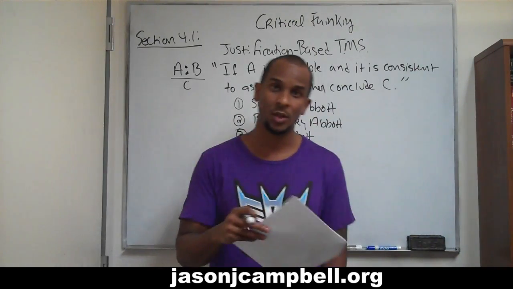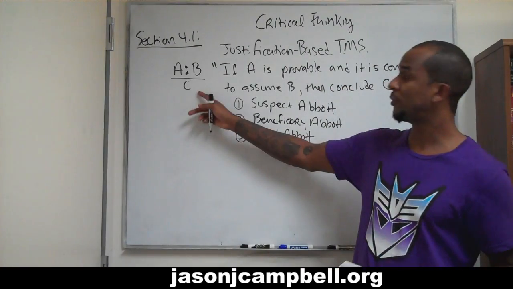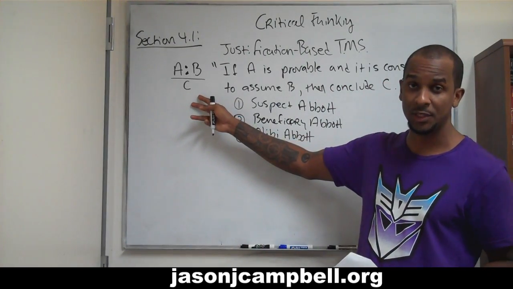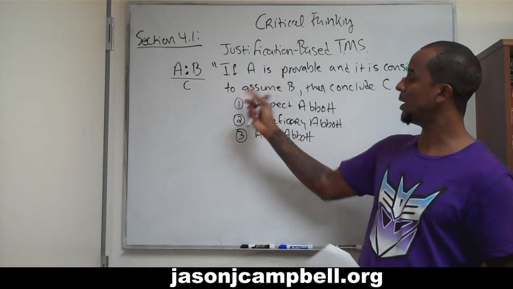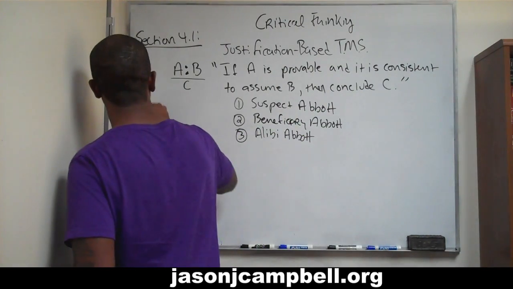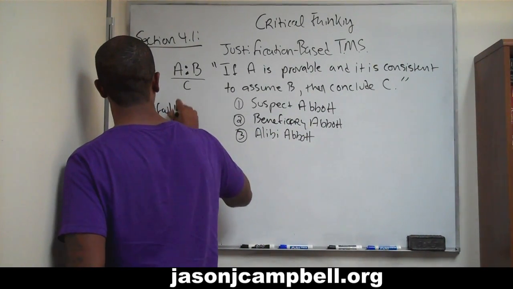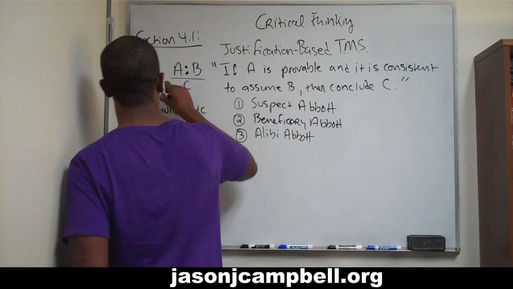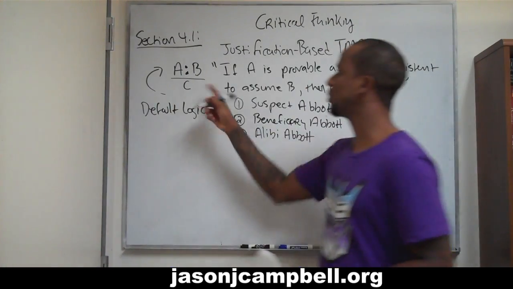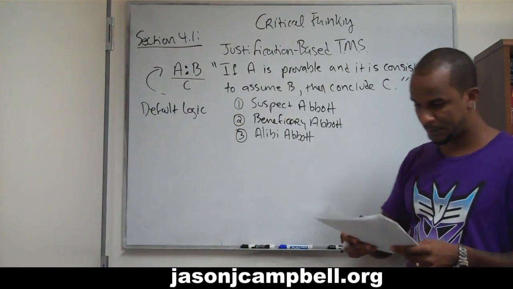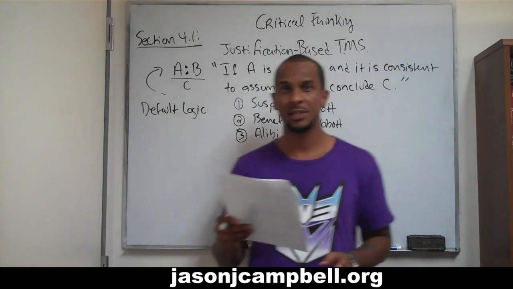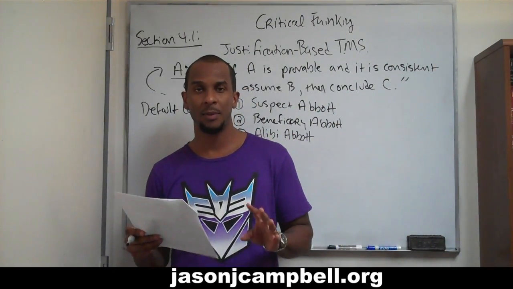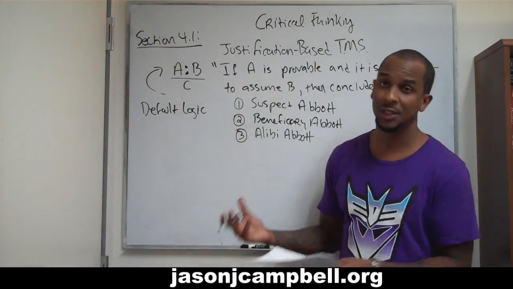In the last section I talked about default logic. This is the format for default logic, and trying to make sense of the ABC murder story is done by the application of default logic.